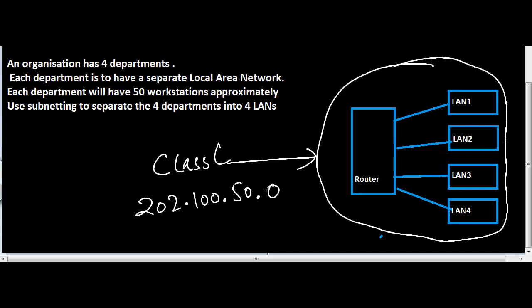So this is the class C network address that we've purchased. And now internally on our router on this side, we are going to break this class C address into 4 subnets, such that this is going to be a separate subnet, this is going to be a separate small local area network, this is going to be another local area network, and this is going to be another local area network.